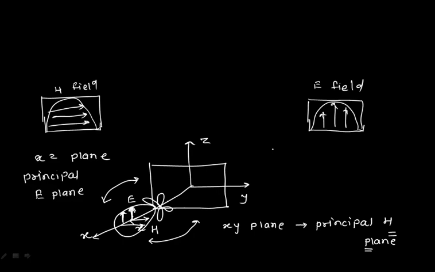Sometimes the E and H planes also represent the complete radiation information, and that's why these planes, E and H planes, or you can say the electric field plane and the magnetic field plane, are also called the principal pattern. So this is all about the principal patterns.